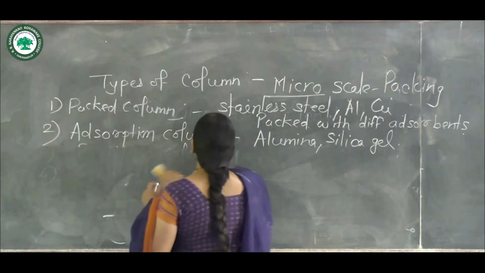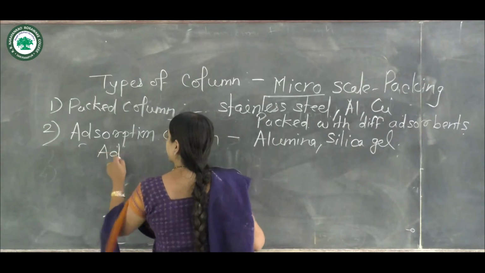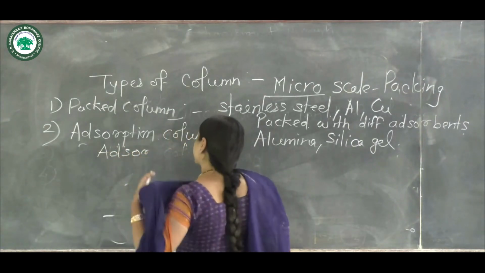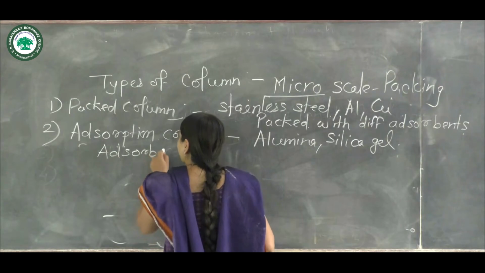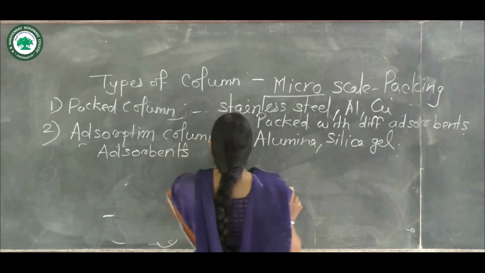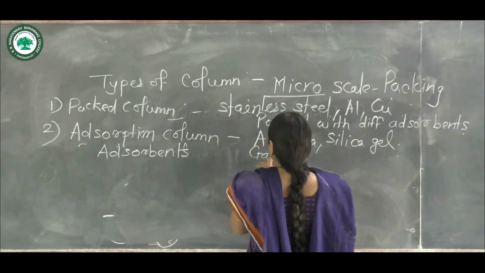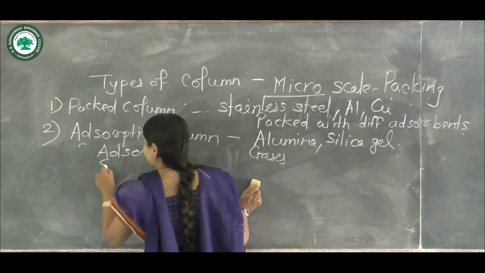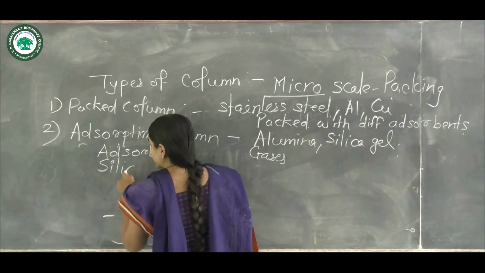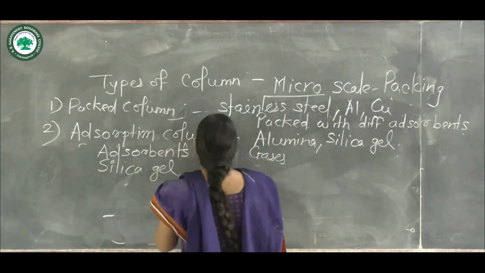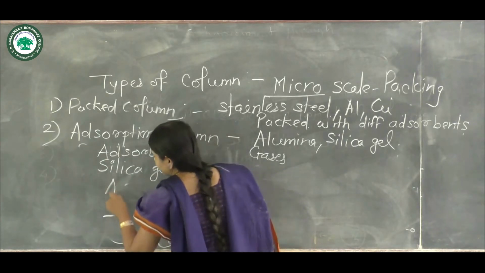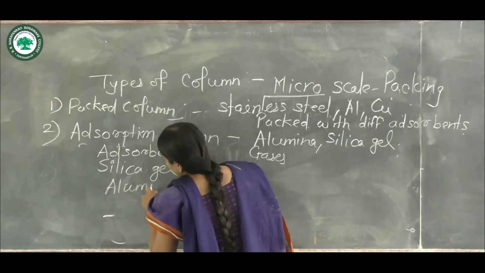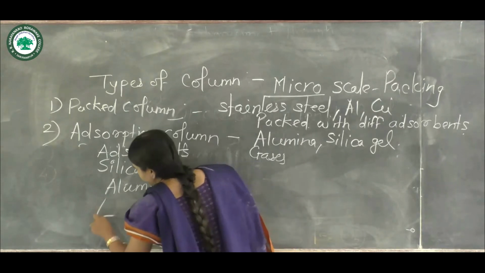Here we will see the list of the adsorbents and the gases which are used. The first adsorbent is silica gel, then the second is alumina, and the third one is activated carbon.